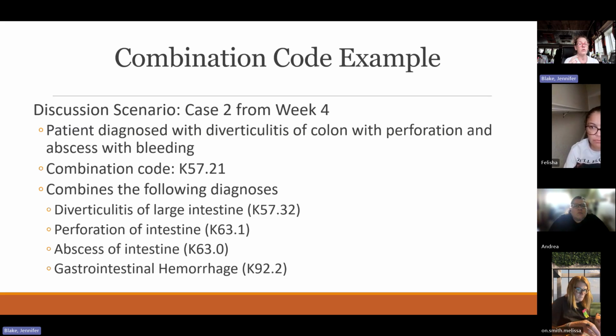And that one code covered all of that, covered all those codes below. So it combined all of that into one code. So we didn't need to code everything separate. We just needed the one code. Okay, so it will tell you that. So that way you're not adding extra codes if you don't have to.